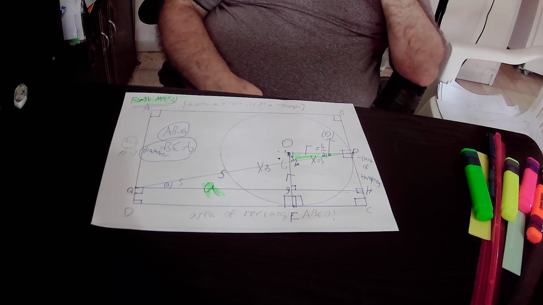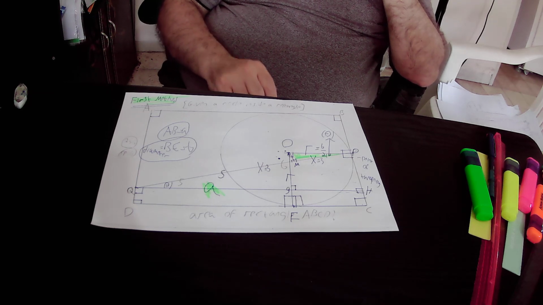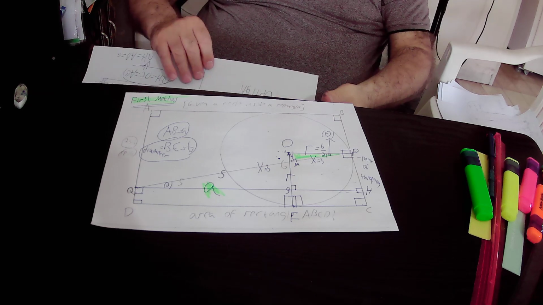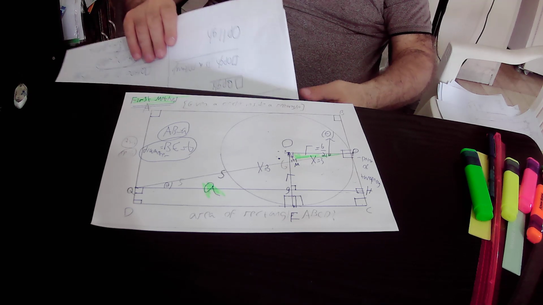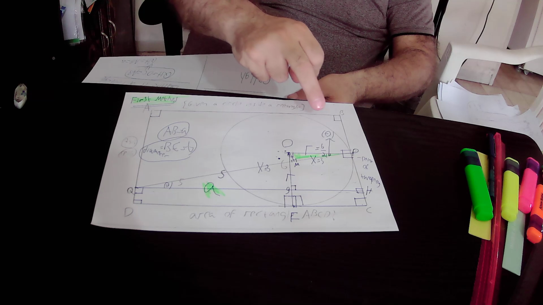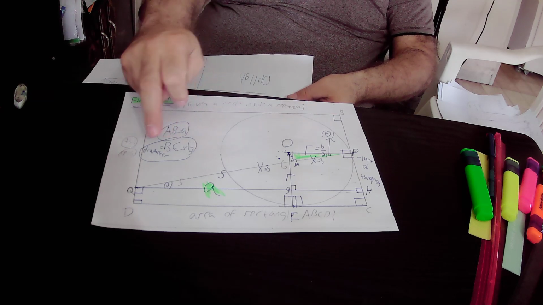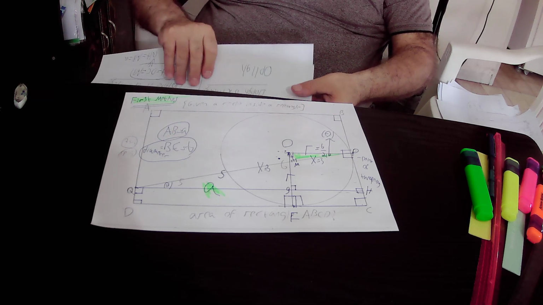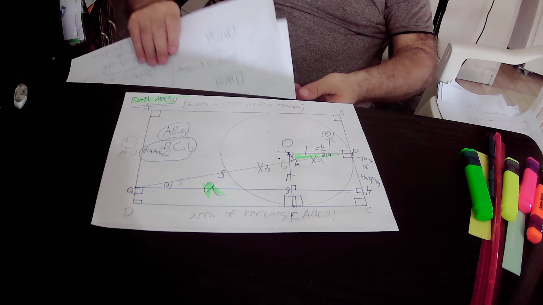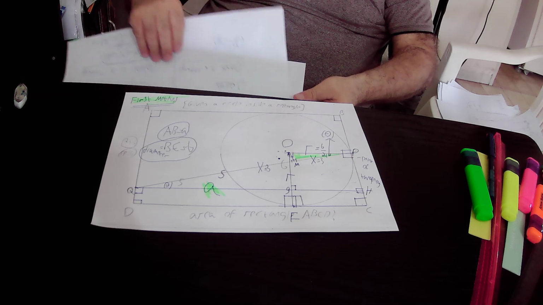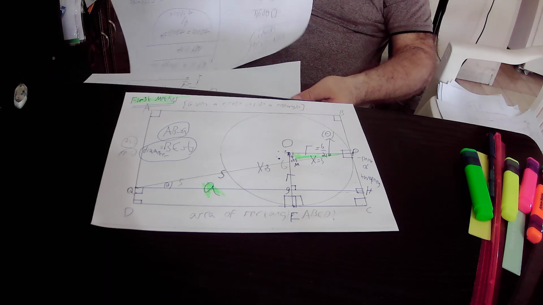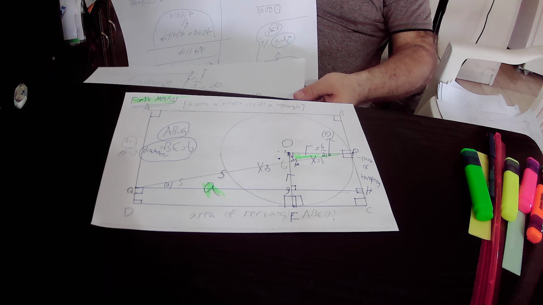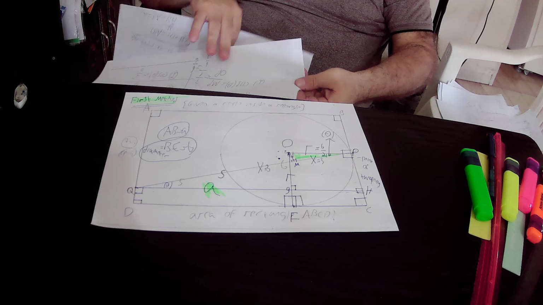Then we created two equations when we focused on the green triangle and on the big triangle PQH. And then we created equation number 3, which states that cosine theta according to equation number 1 must be equal to cosine theta according to equation number 2.